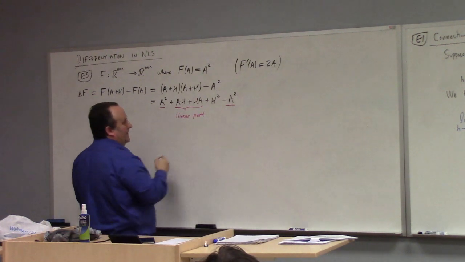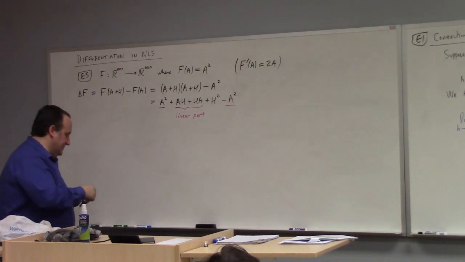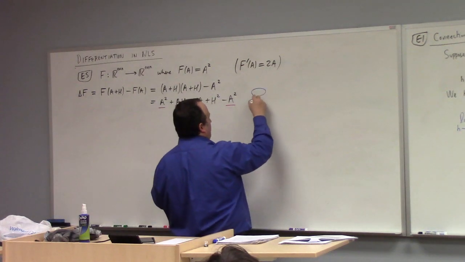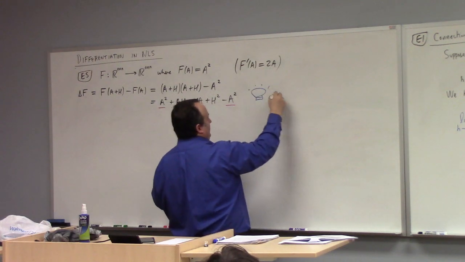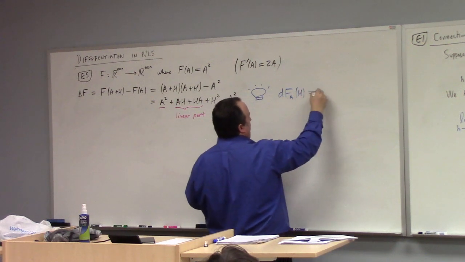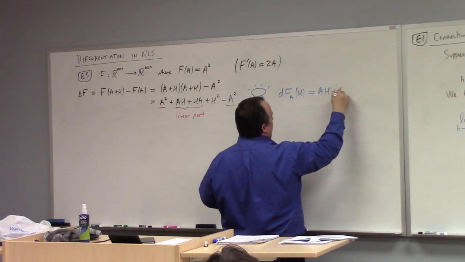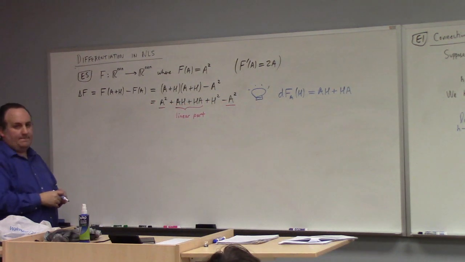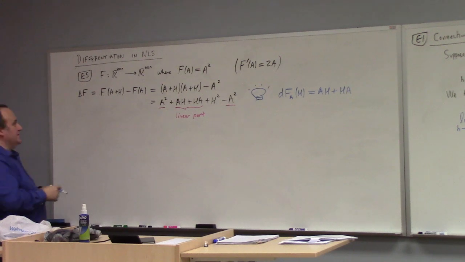So I'm going to make an educated guess. And my educated guess is that df_a of h is going to be AhA. All right. Let's see if it works.